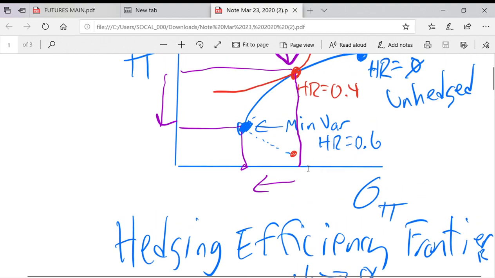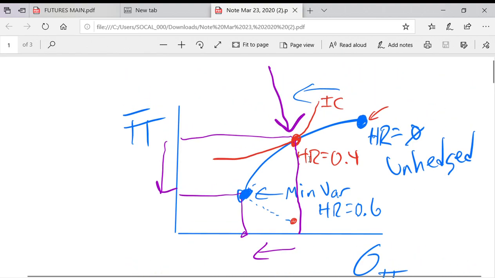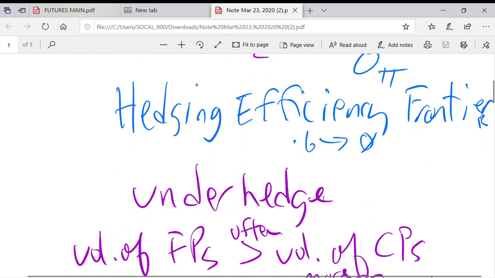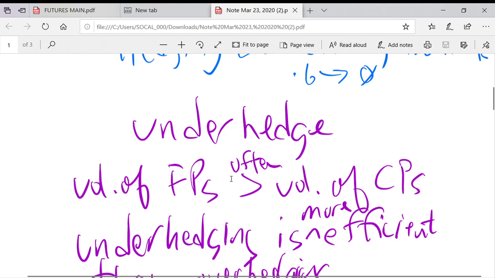Again, the point here is hedgers do not necessarily desire the minimum variance hedge ratio. They may assume more risk in an attempt to earn higher profits. In other words, they underhedge. Okay? The volatility of futures prices is often greater than the volatility of cash prices.